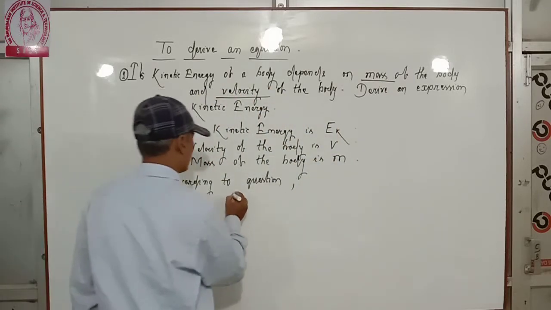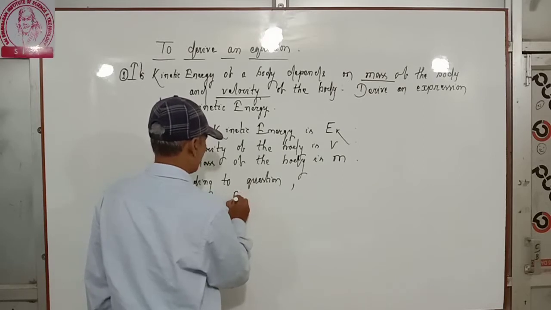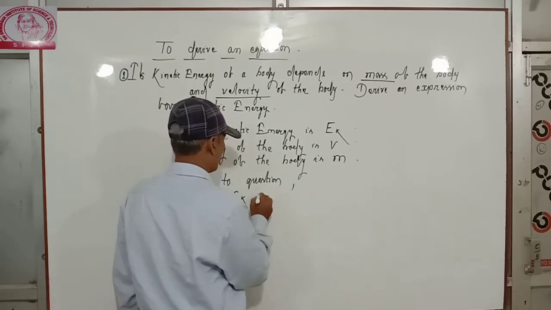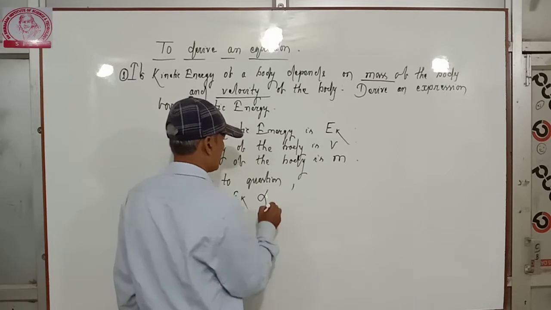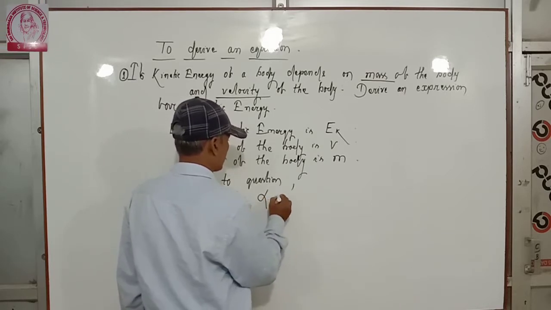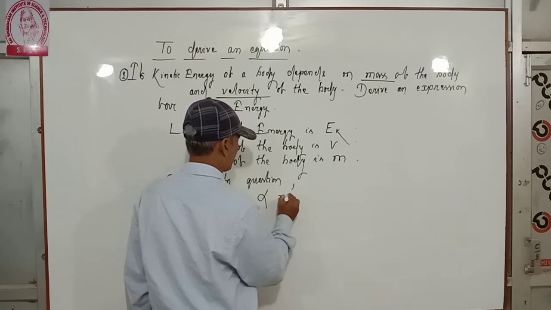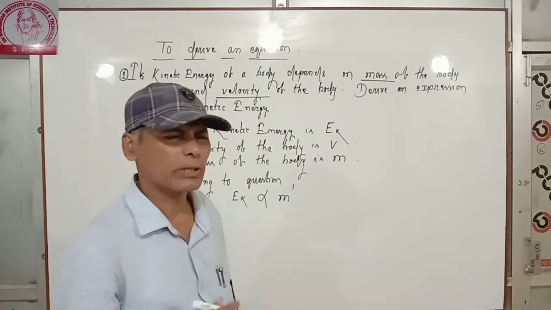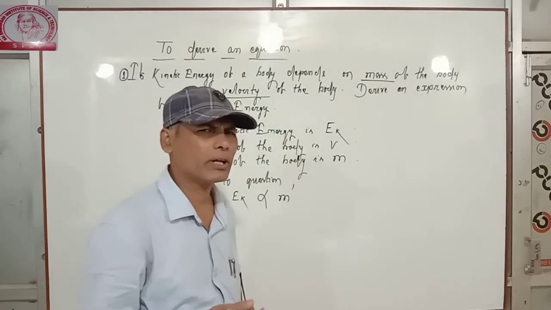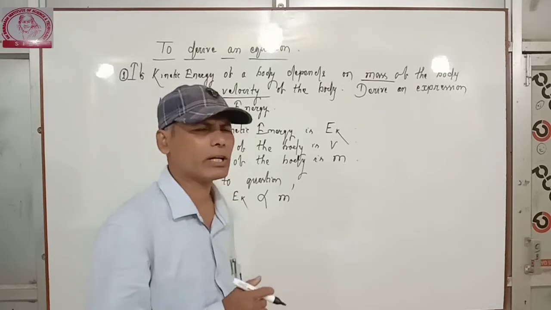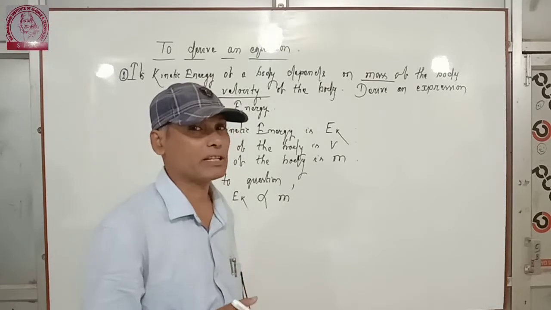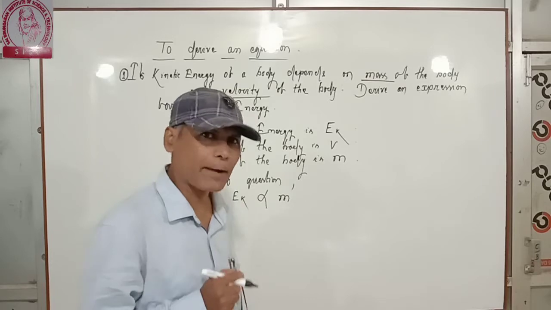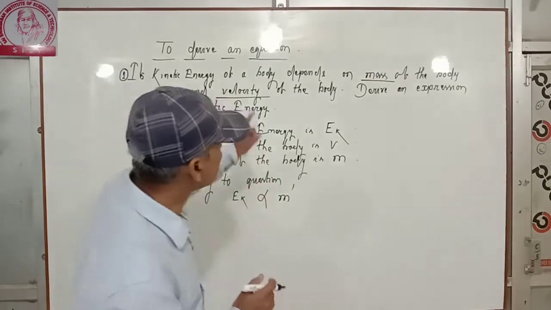According to the question, Ek, meaning kinetic energy, is proportional to M, the mass of the body. But one thing: whether it is the square of the mass, cube of the mass, inverse of the mass, meaning 1 by m, or m square, m cube, or root m, it is silent about it.